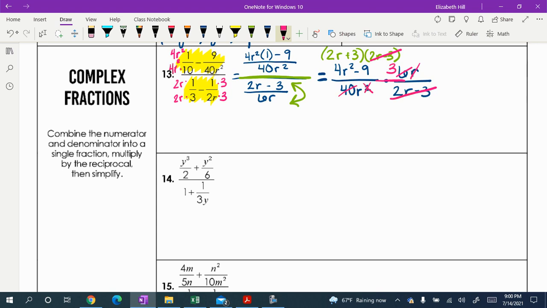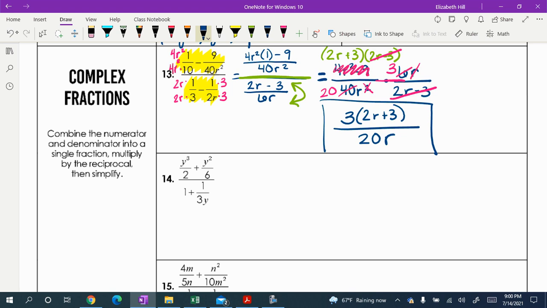So that would leave us with a 3 and a 20 left behind, right? So this is rewritten up here. So we would be left with 3 times 2r plus 3 all over 20r. And that's what that would simplify to.